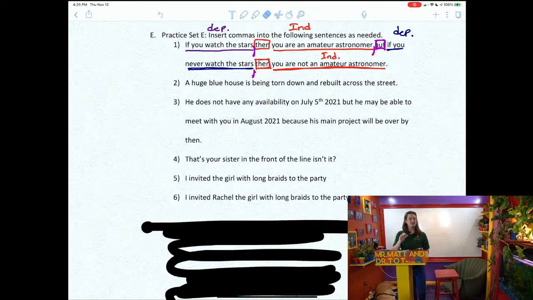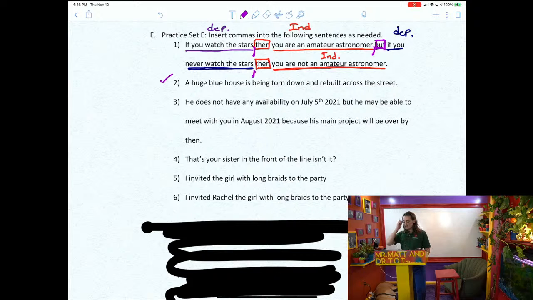I know that is a little bit of a gray area, a little bit subjective. But with color, it usually has to go directly next to the noun that it's modifying, and it wouldn't make sense to say a blue huge house. So because we cannot switch these adjectives around, we do not use a comma. So number 2 is correct as it's written.